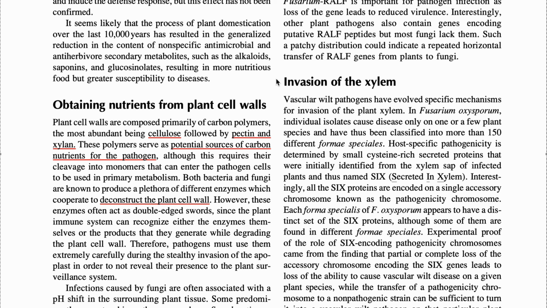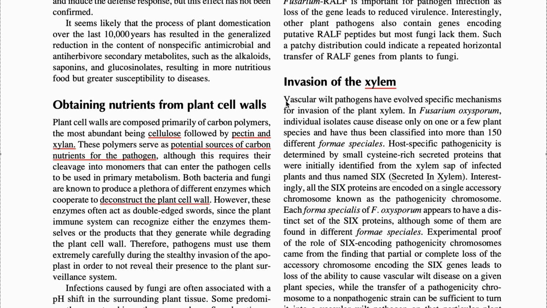So, moving directly to invasion of the xylem. Now, vascular wilt pathogens have evolved specific mechanisms for invasion of the plant xylem. Few of the pathogens obtain nutrients from plant cell walls, whereas a few of them invade xylem vessels. There are two vascular bundles, xylem and phloem. Few attack the xylem vessel, and we have heard of vascular wilt or fusarium wilt.